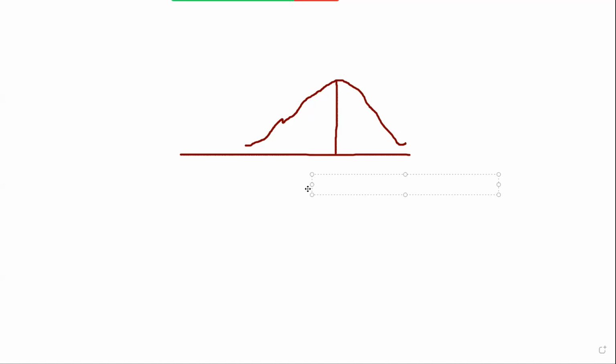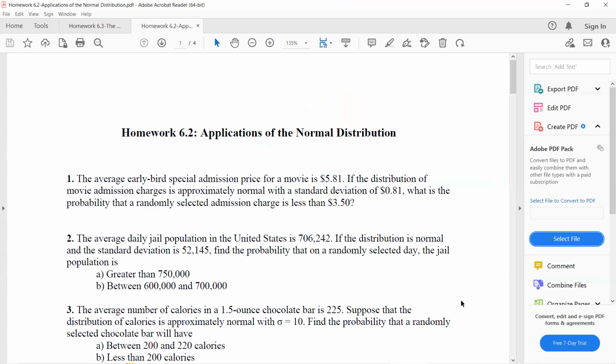Okay, that's what it told you. And it says that, if the distribution is approximately normal with a standard deviation of 81 cents, what is the probability that the charge is less than $3.50?